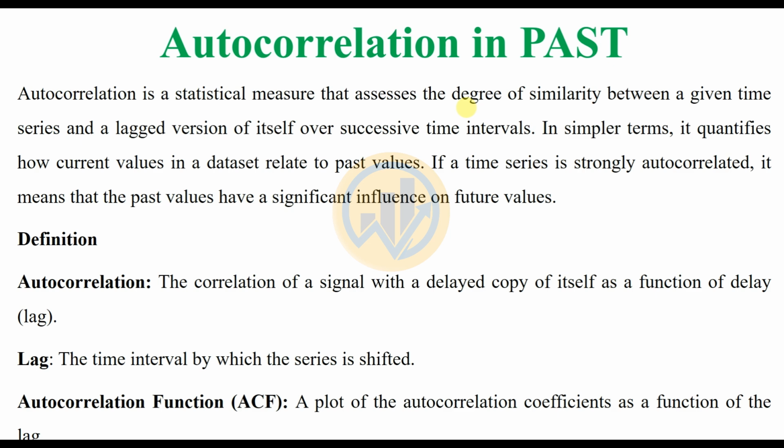In simple terms, it quantifies how current values in a dataset are related to past values. If a time series is strongly autocorrelated, it means that past values have a significant influence on future values.